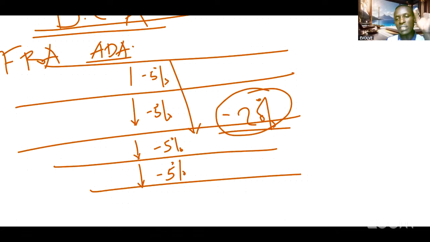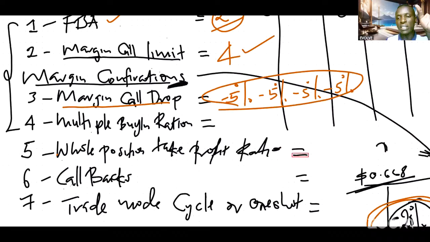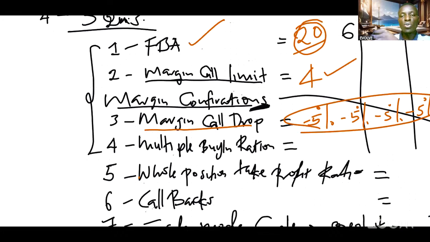When you are creating your own strategy, you are basically feeding the robot with this information, especially these 4 things on top here: the first buying amount, the margin call limit, the margin call drop, and the multiple buying ratio.